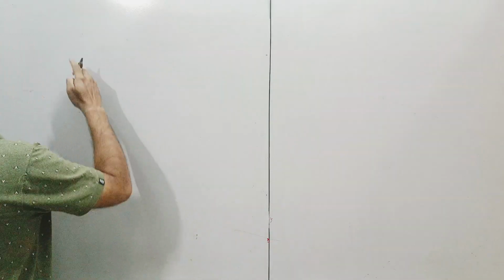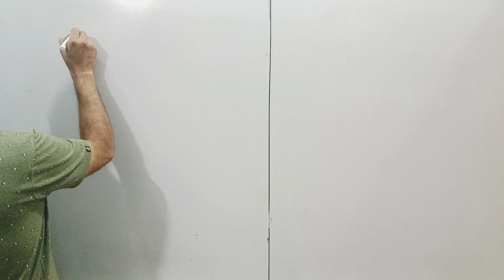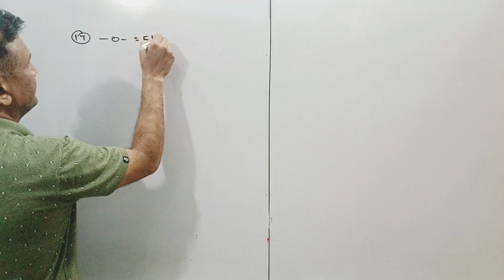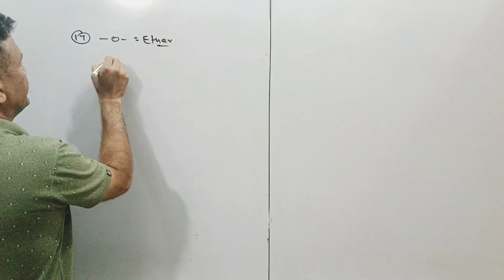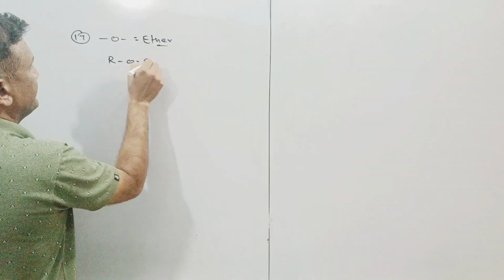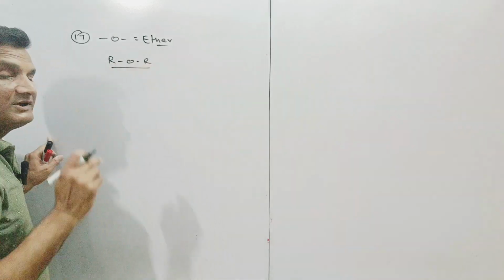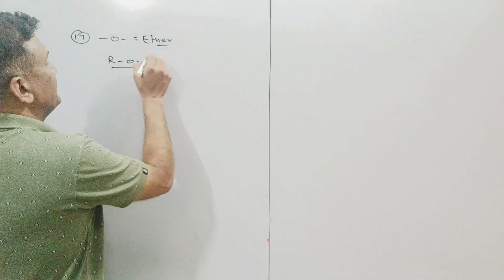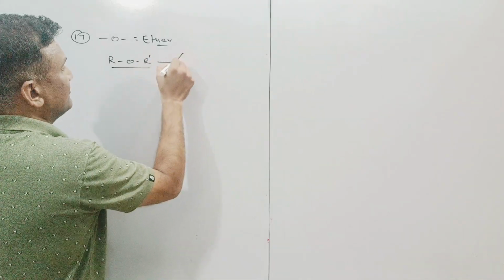This is the 17th functional group. As an O, you can call it ether. The structure we can write as ROR', and we have discussed in previous videos the types of ether on the basis of R'. There are two types of ether.